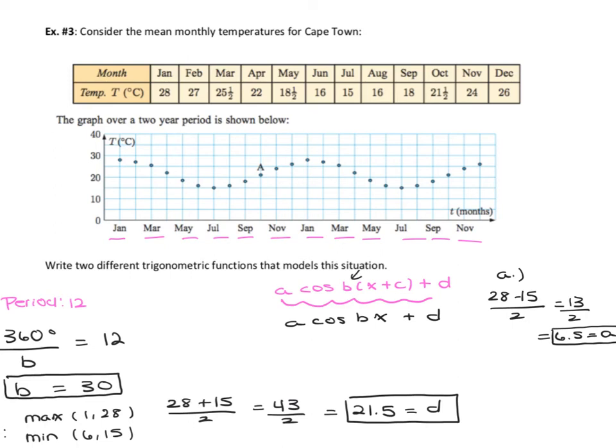My first minimum point on my graph is in July. So how far over to the right is July? Well, counting point by point, 1, 2, 3, 4, 5, 6, 7. So it's 7 to the right.